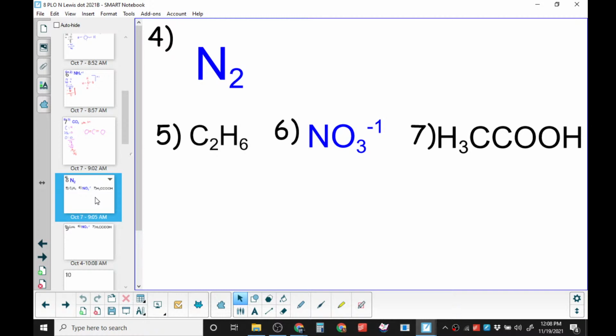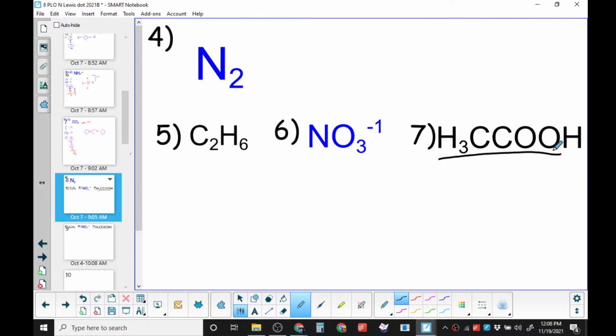Also, as you switch to this one, I'm going to give you the skeletal structure for this one. One thing to know, this is an organic molecule. With organic molecules, the central atom is always carbon. Then they're both central atoms.